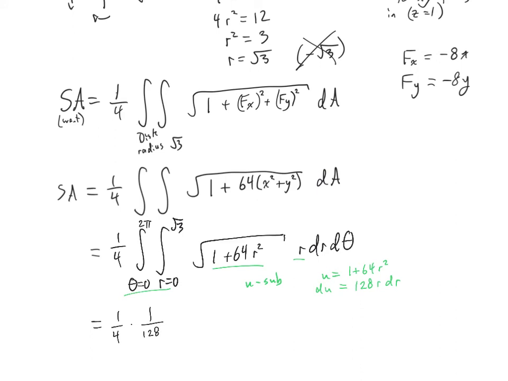When I integrate square root of u, I get 1 plus 64r squared to the 3 halves times 2/3. I'm evaluating r from 0 to radical 3. Then I'm multiplying that by theta, which I evaluate from 0 to 2 pi, which just gives me another factor of 2 pi.